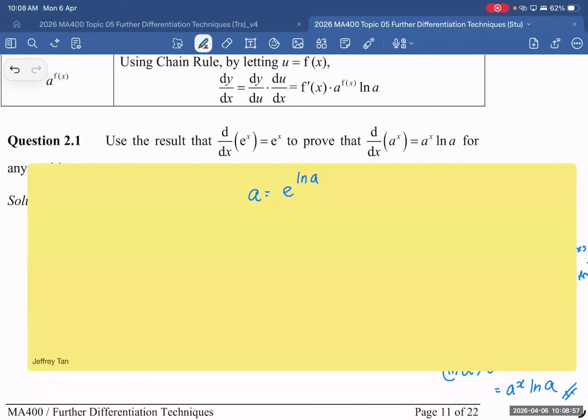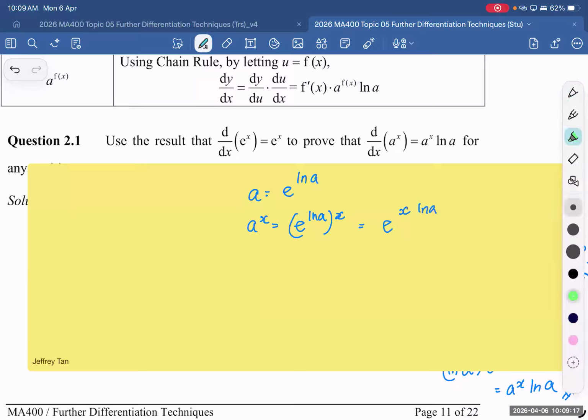After that, if I differentiate, can I say that a^x is the same as e to the power of (ln a)^x, which is e^(x ln a)? I would like you to see x ln a like a linear expression, like 2x, 3x, ln a times x.